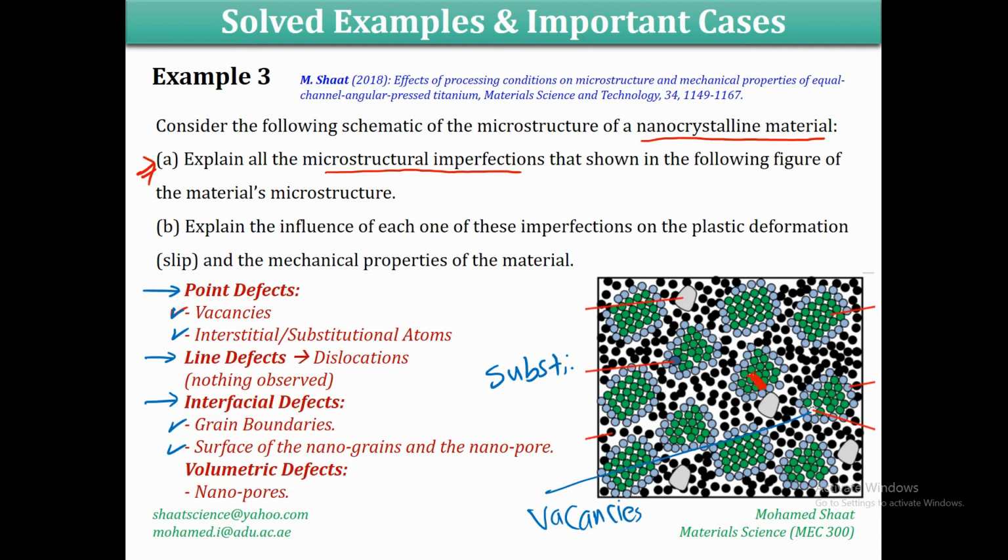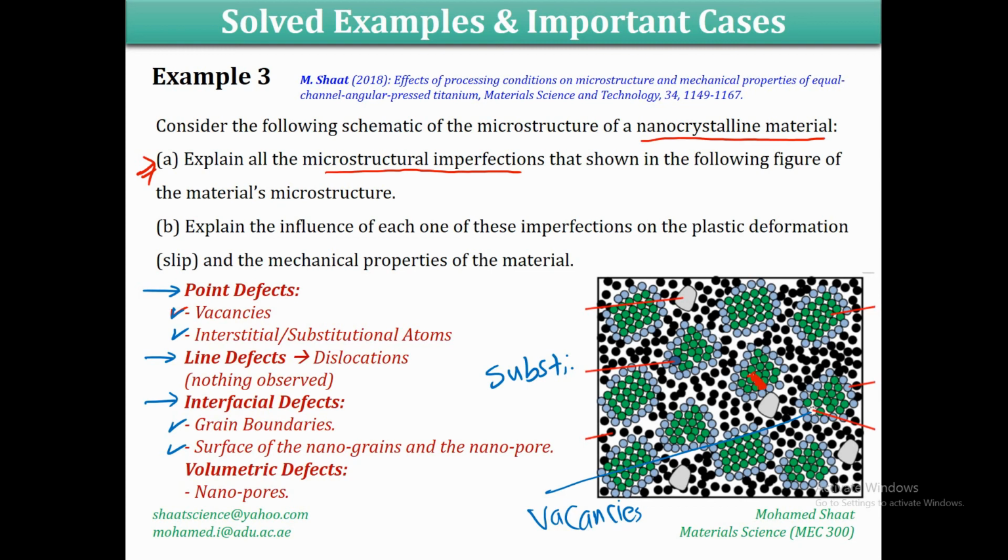The percent of grain boundaries inside the microstructure is very negligible. So the question is, how about a nanocrystalline material? For the conventional polycrystalline material, the grain size is in the micro scale, so the grain is huge in comparison to the grain boundary. That's why the grain boundary is very negligible.